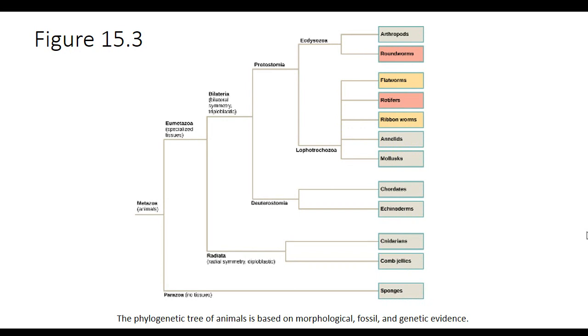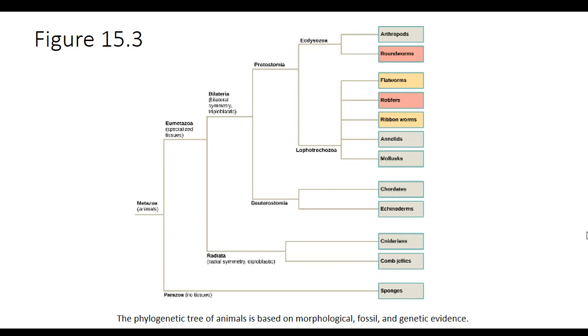Flatworms, so this includes planaria, which you may have seen. There are these little free-living flatworms. They have a head kind of shaped like an arrowhead, and you have these two eye spots, and they're little tiny things.